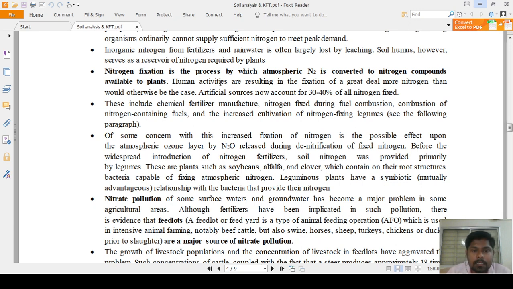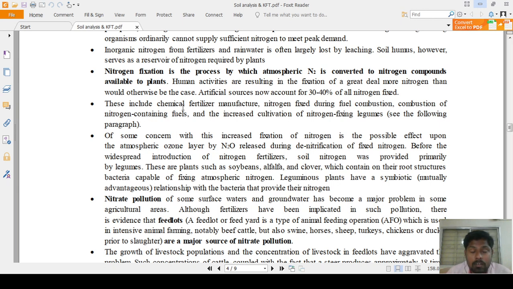Nitrogen fixation is the process by which atmospheric nitrogen is converted to nitrogen compounds available to the plant. That is known as nitrogen fixation. That is important for MCQ purposes also. Now, human activities are resulting in the fixation of a great deal more nitrogen than would otherwise be the case. Artificial sources now account for 30 to 40% of all nitrogen fixed.